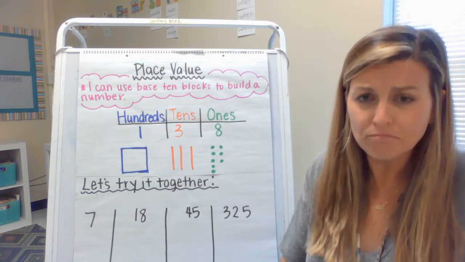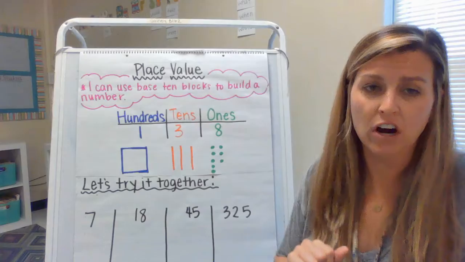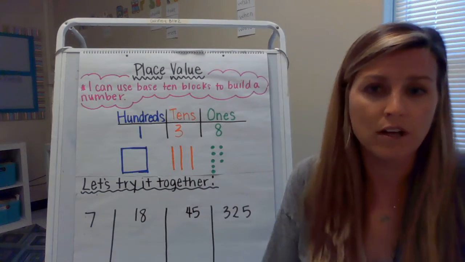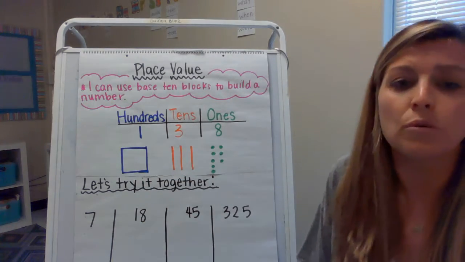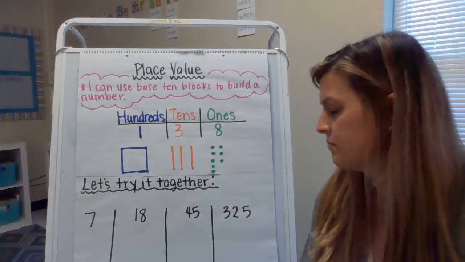So for me, and for you guys, it makes it easier if we do squares for our hundreds, lines for our tens, and dots for our ones. Here I've drawn out the number 138. Now we're going to try some numbers together at the bottom.